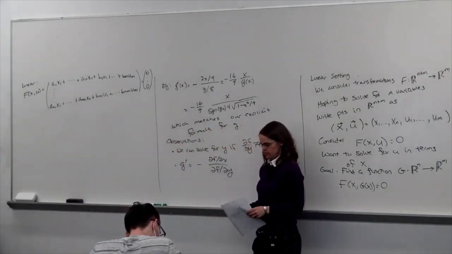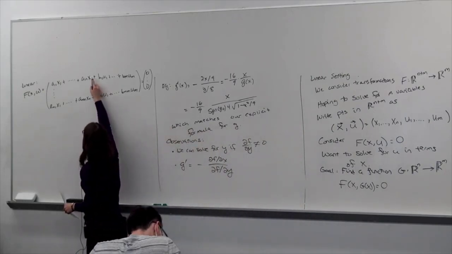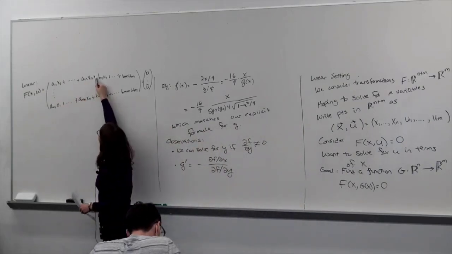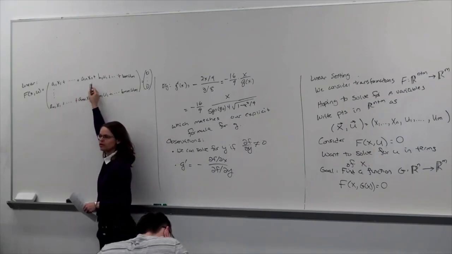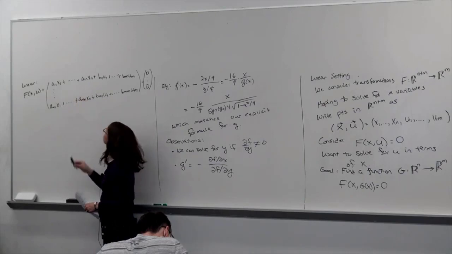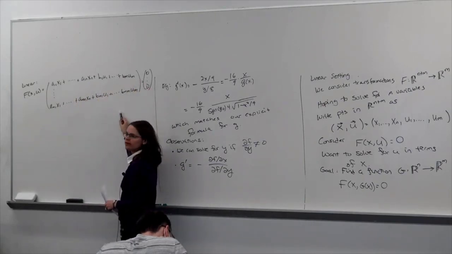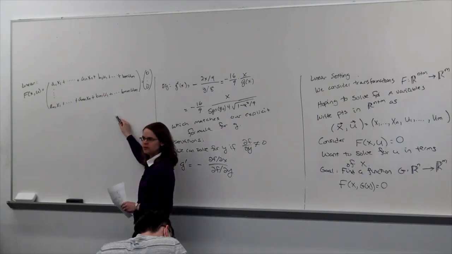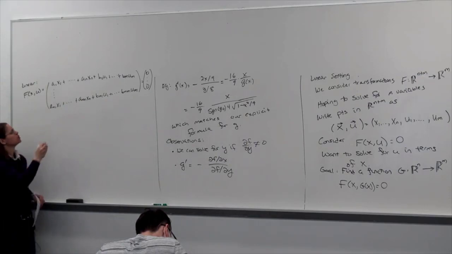So let's try to write this in a cleaner form. If I just focus on these x variables over here, this has precisely the structure of a matrix vector product. And if I just focus on the u variables, this right part also has the structure of a matrix vector product. So I should be able to write this as the sum of two matrix vector products.